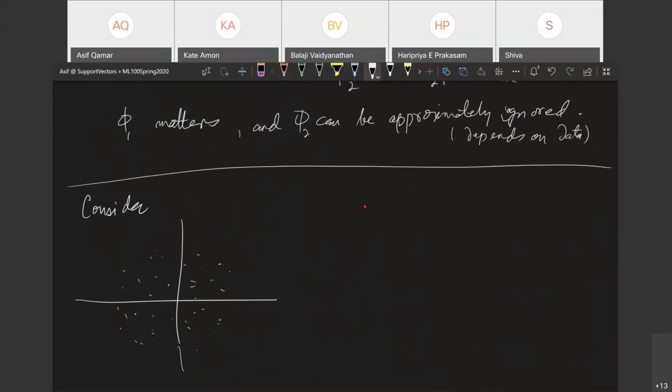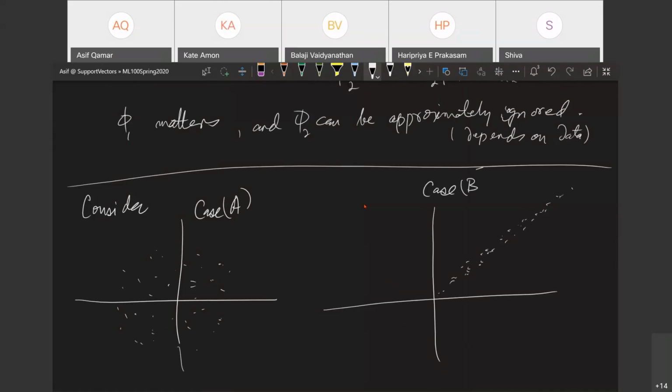Let me just call it case A, and case B was the case that we were looking at. Now, case A, do you think data really is occupying a lower dimensional surface, like it's close to a line or a curve? What would you say about case A?